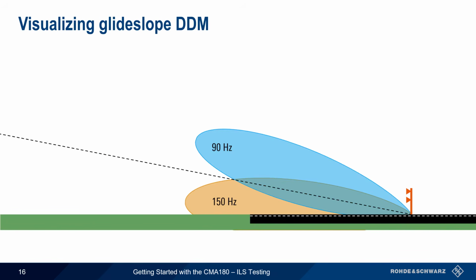As with localizer, an aircraft on the glide slope will see the same depth of modulation from both lobes, and DDM will be 0. Flying above the glide slope moves the plane more into the 90 Hz lobe, and DDM increases. Flying below the glide slope moves the plane more into the 150 Hz lobe, causing a decrease in DDM. Similar to the way the localizer works, the glide slope needle is controlled by these changes in DDM.